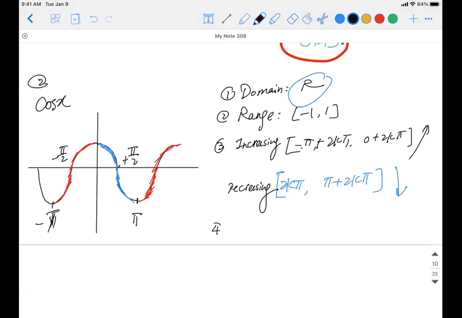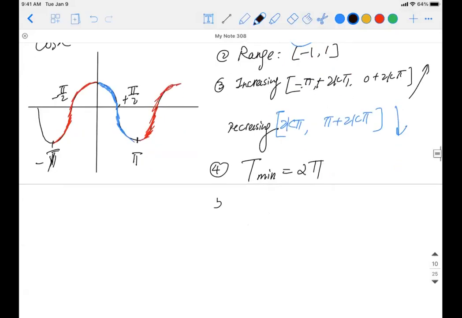Number 4, what is the periodicity? This is also 2 pi. Cosine x is also a function with 2 pi as the periodicity. And the last one is even or odd. Cosine x is actually an even function, because this is symmetric. You can see the y-axis is the symmetric axis.